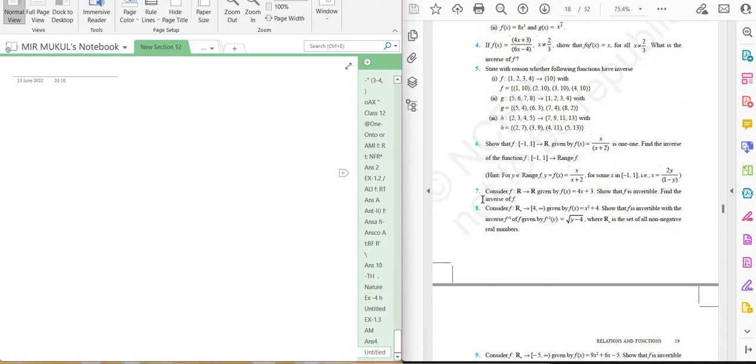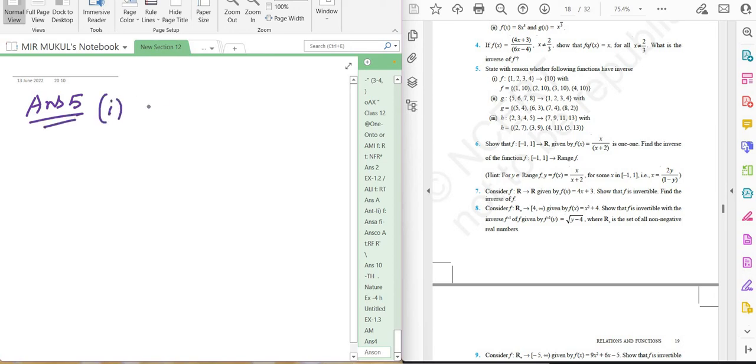Question number 7, a most important question. State with the reason whether the following functions have an inverse. Question number 5 also I am showing. Sometimes they can ask it as a 2 marks question. In the exam you can get it as a 2 marks question.